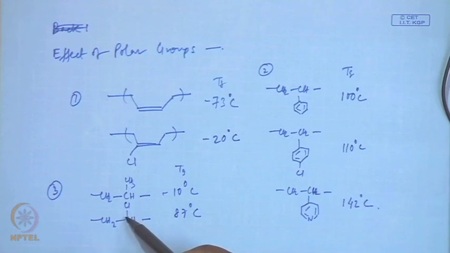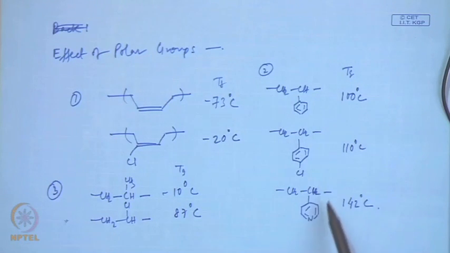This is having more dipole, more polar. The intermolecular forces between the polyvinyl chloride chains are much higher compared to polypropylene chains. So, the Tg goes up.